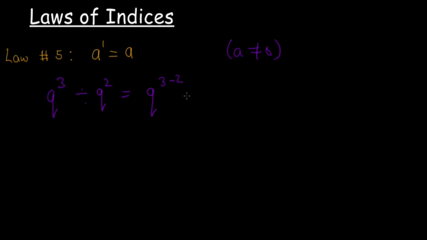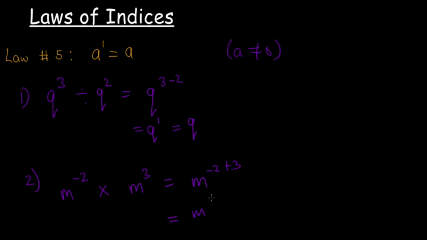So 3 minus 2, and this is equal to q to the 1 power, which is equal to q. If we had m to the negative 2 being multiplied by m cubed, we know that once the bases are the same, we add the powers. So it would be m to the negative 2 plus 3. This is equal to m to the 1, which is equal to m.